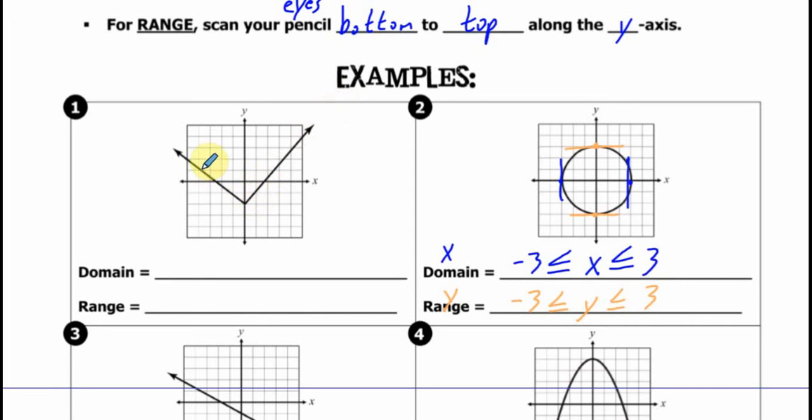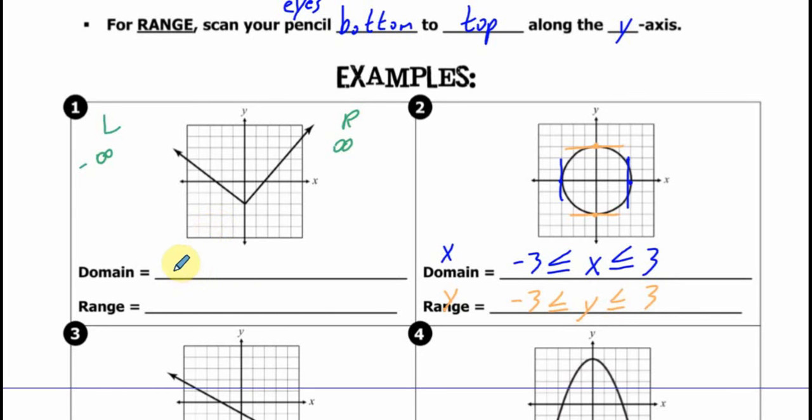So there's no end to how far to the left it goes. So for left, it goes to negative infinity. That's our symbol for infinity. As I trace along this, it goes to the right forever. So to the right, it goes to infinity. So for your domain, there are no limits.